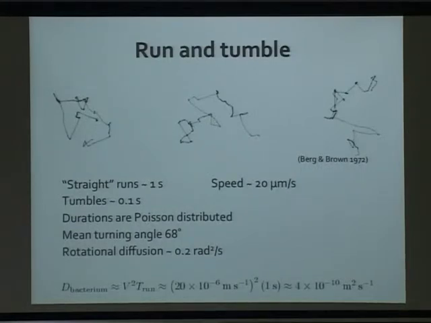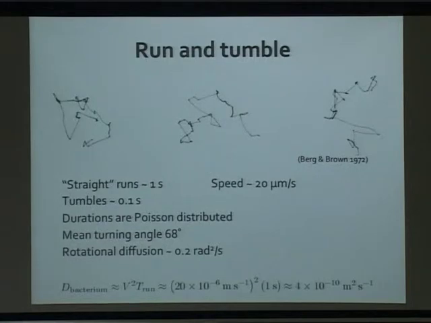These are exponentially distributed. It's a random motility process. So there will be long runs and short runs. On average, they will all last about 1 second, but that's just the average. And for tumbles as well, there is an exponential distribution, which is a much smaller duration.